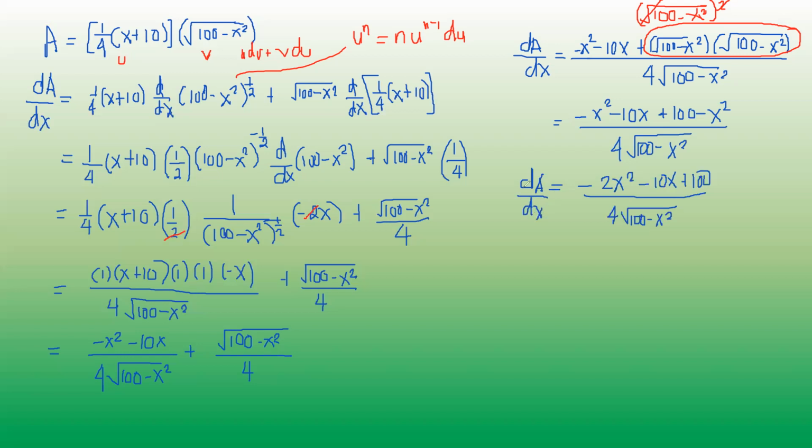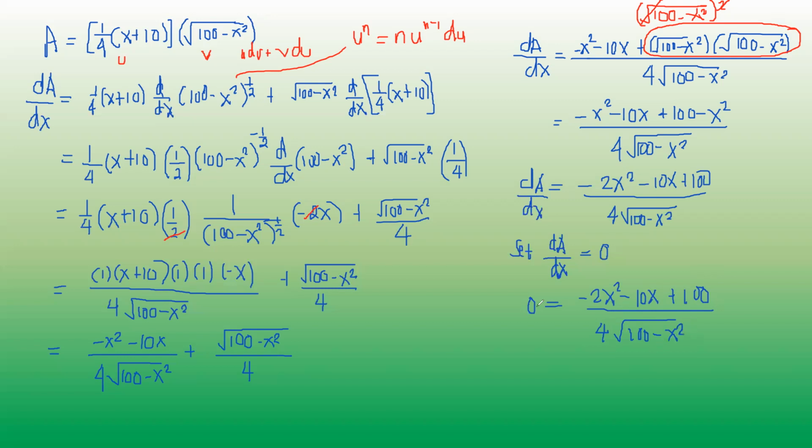Okay, now, we're going to set the derivative equal to 0. So, set dA over dx equal to 0. Kaya magiging 0 is now equal to negative 2x squared minus 10x plus 100 all over 4 square root of 100 minus x squared.